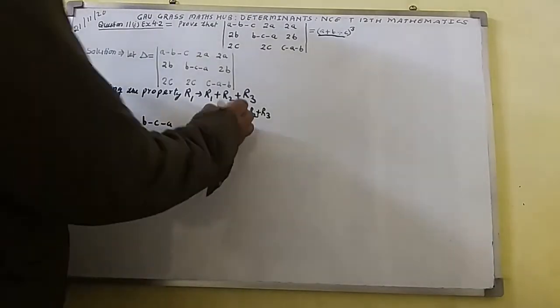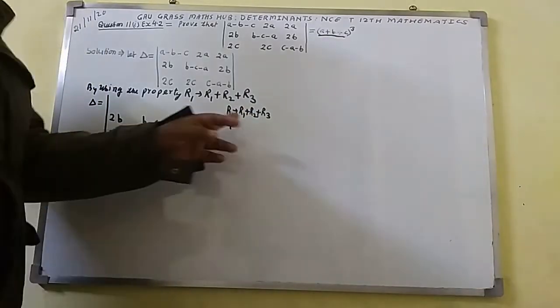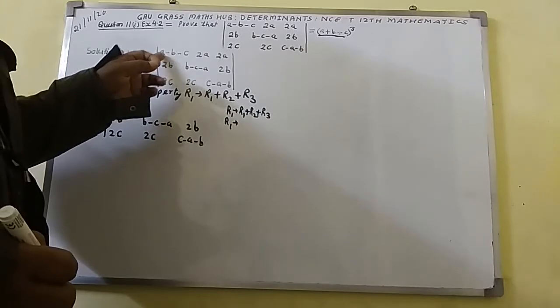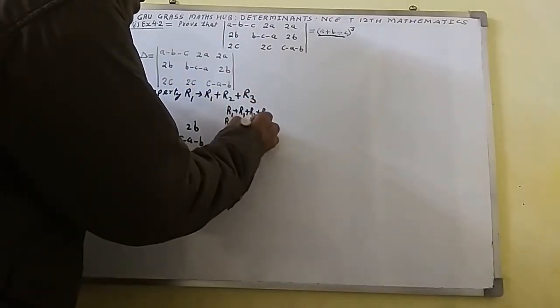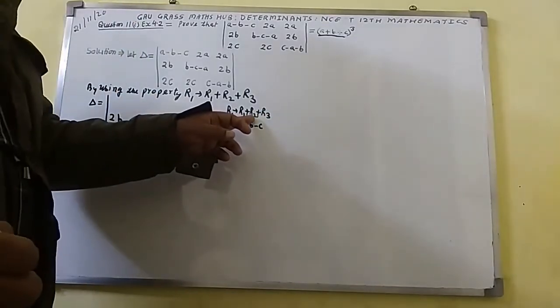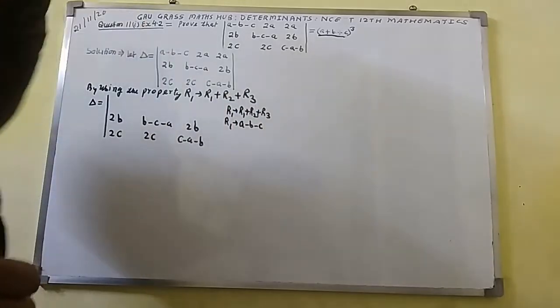R1 goes to, if I take the element of R1 as a minus b minus c, here write a minus b minus c.